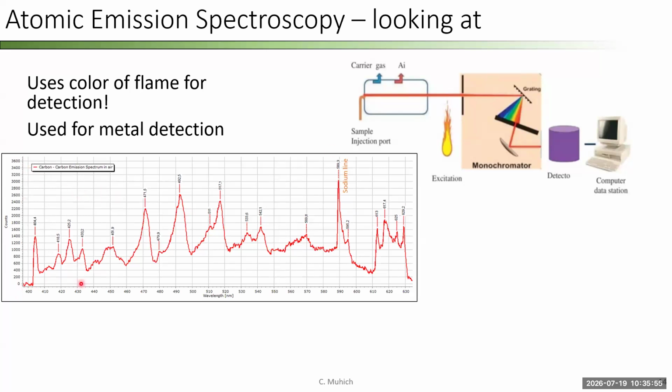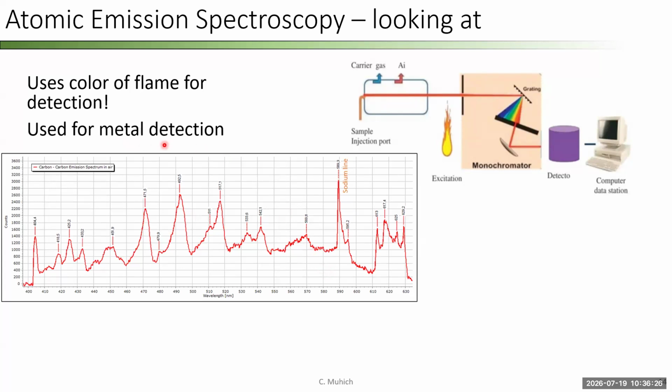We can see this in a chromatogram. On the bottom, we have wavelength. On the y-axis, we have count, so measuring how much of each wavelength is detected. And we will end up with, once again, a distinct spectrum for each individual element. Because of this, this is really commonly used for detection of metals.